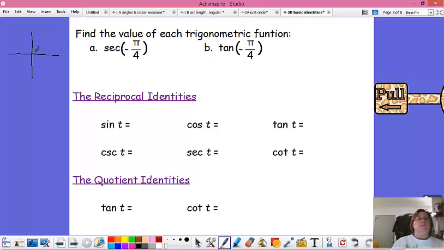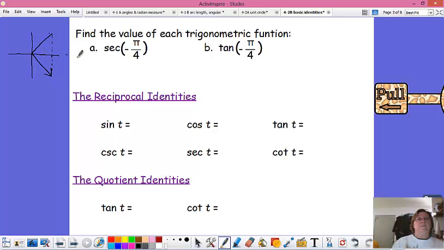I'm not going to draw the circle, but I am going to say negative pi fourths is negative 45 degrees. So that's our angle right there. And I know that secant and cosine are the ones that go together. So since cosine is an even function, the value of cosine at pi fourths is the same as the value of cosine at negative pi fourths.